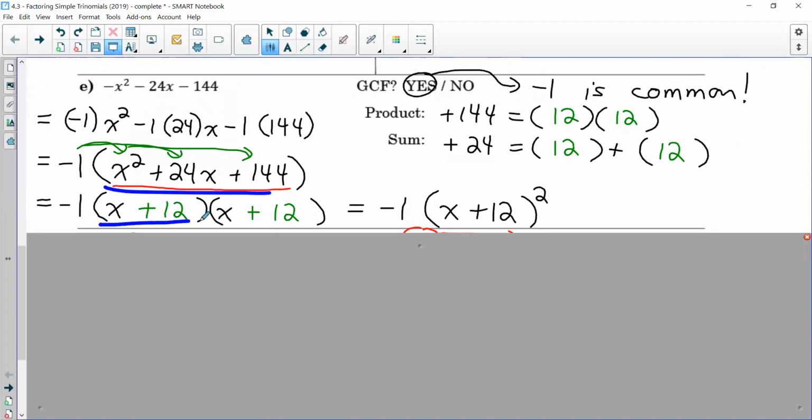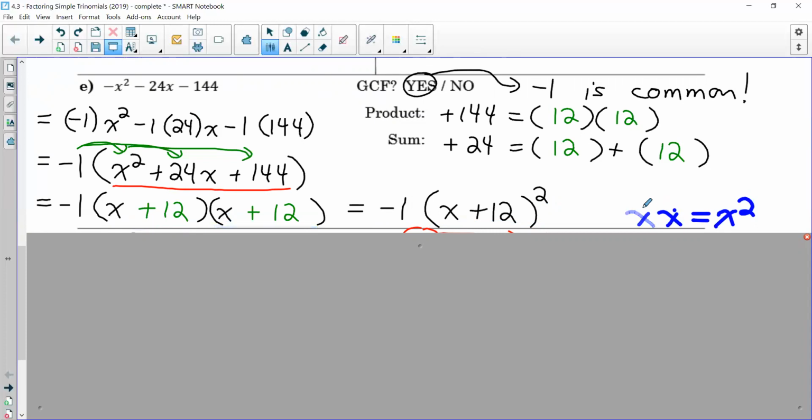Now, as an added little feature, because these two factors in brackets are identical, the short form for writing this would be negative 1, so there's your greatest common factor here, multiplied by x plus 12 to the power of 2. So that's a short form for writing these two, just like you would write x times x equals x squared.